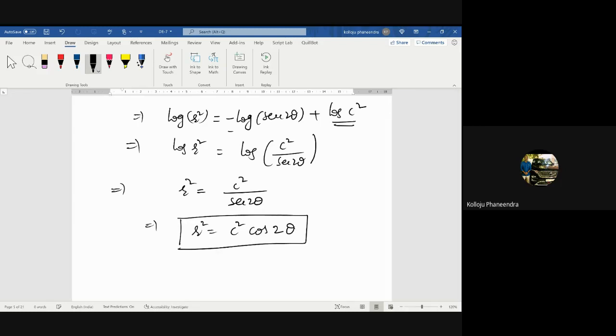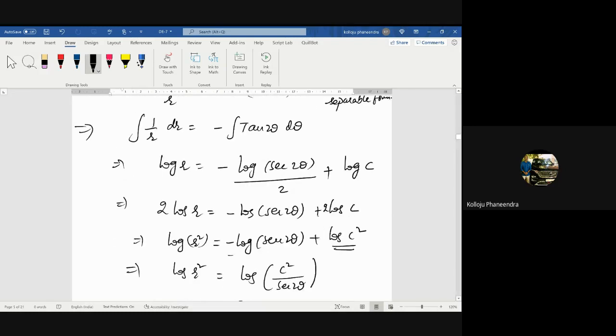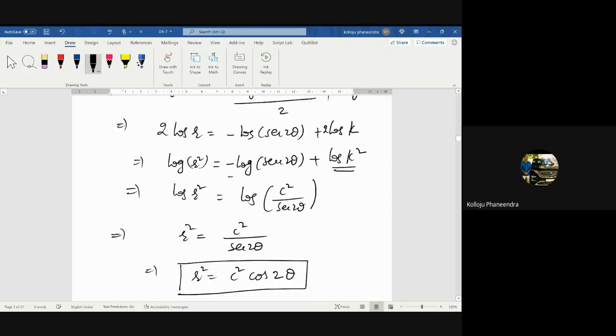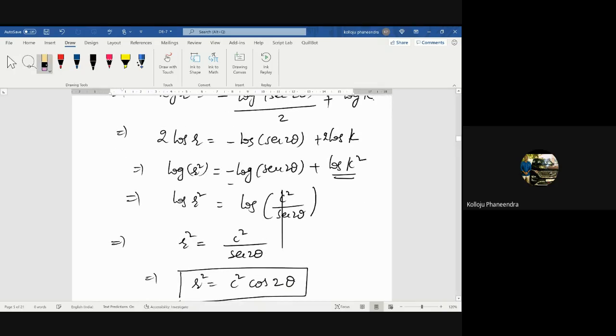One more change. Already the constant c is there, so let me write this as k. Next, this is k square cos 2 theta.